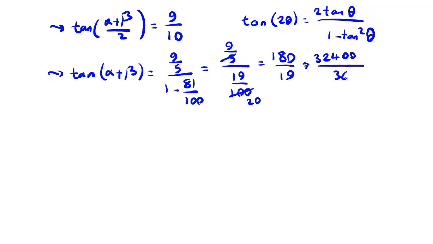With 2 zeros, and 19 squared is 361. So we should divide to find the floor of that. 32400 over 361. So the first one, 3 to 9. If you consider 9, it's a little greater than this, so we should consider 8 here.